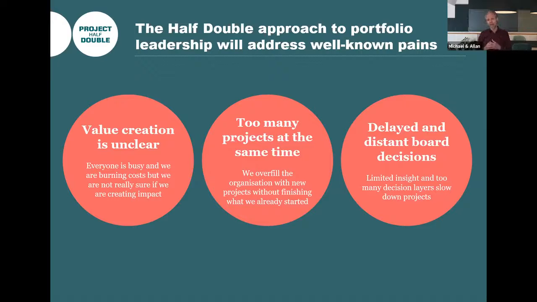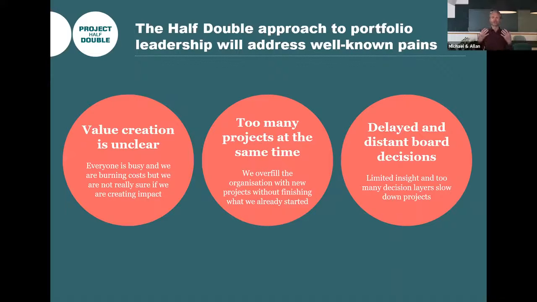The last pain that we usually see when we consult portfolio managers is that you would usually experience delayed and distant board decisions. You might have a great interaction with your steering committee in the project, but then the steering committee will have to report to a board, and the board usually meets, let's say, once a month.